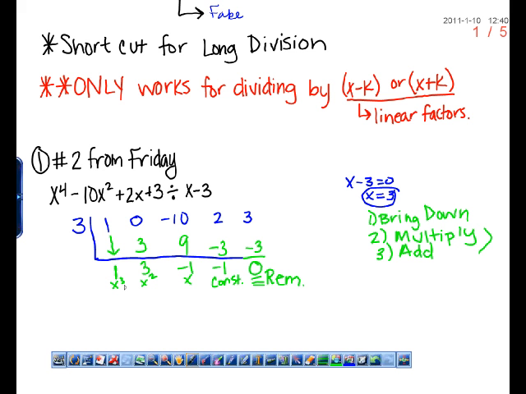So I would go ahead and write my answer as x cubed plus 3x squared minus x minus 1. If you look back in your notes, you'll see that that's what we got when we used long division. We got x cubed plus 3x squared minus x minus 1.